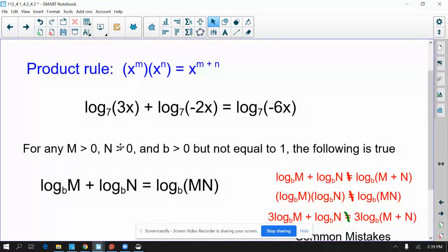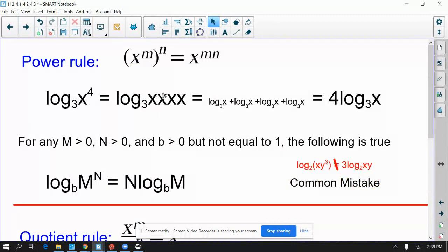If I'm adding two logs, then I just multiply the two arguments. Well, I can put that in reverse. If I have one logarithm that's m times n, I can separate it into two logs just by adding them. So here I've got one logarithm with x times x times x times x. I could separate it into 4 unique logarithms. They all have the same base, but I have 4 terms that are identical. That means I've got 4 log base 3 of x.